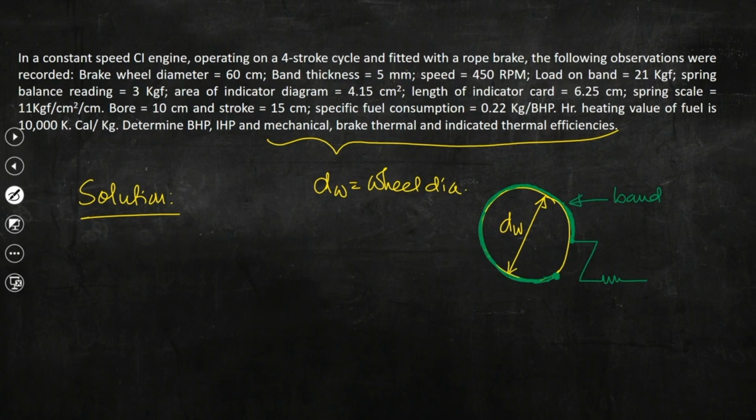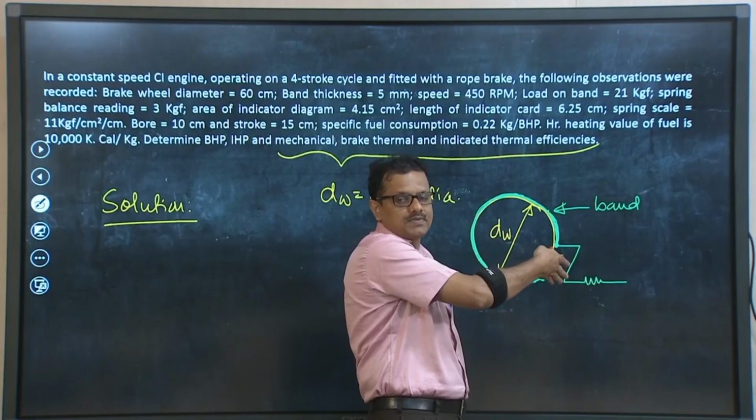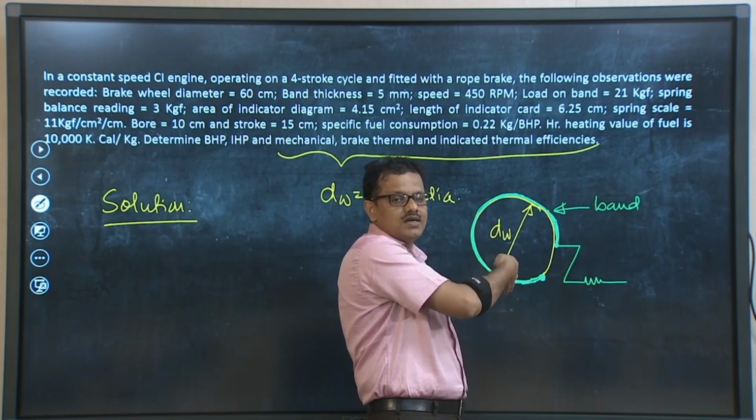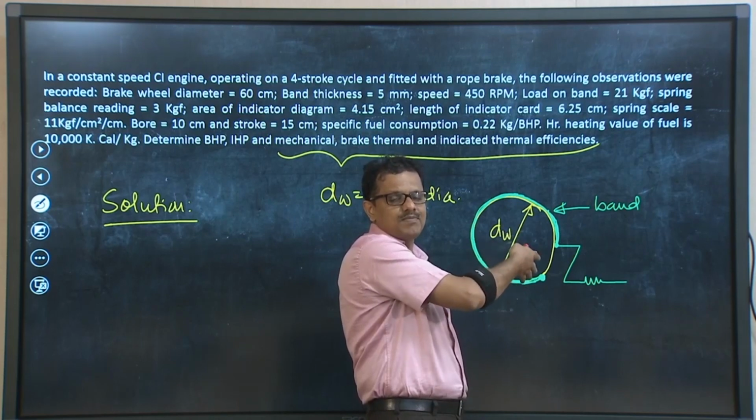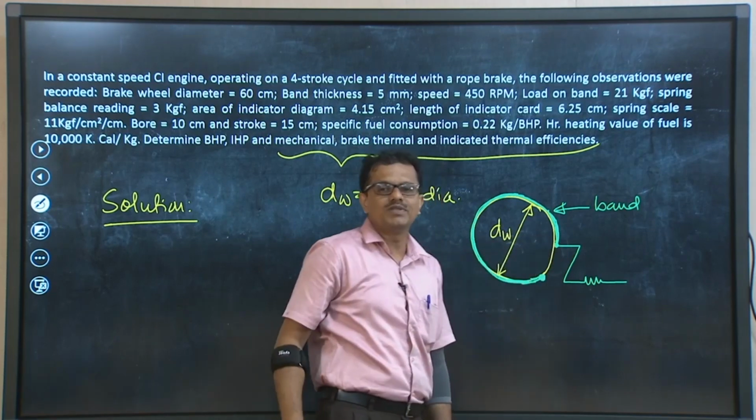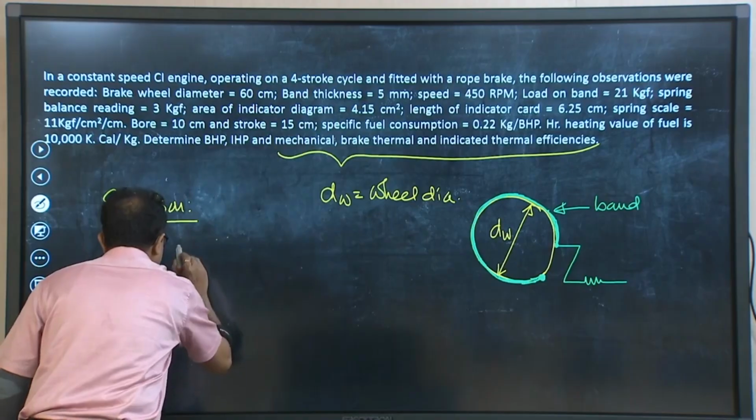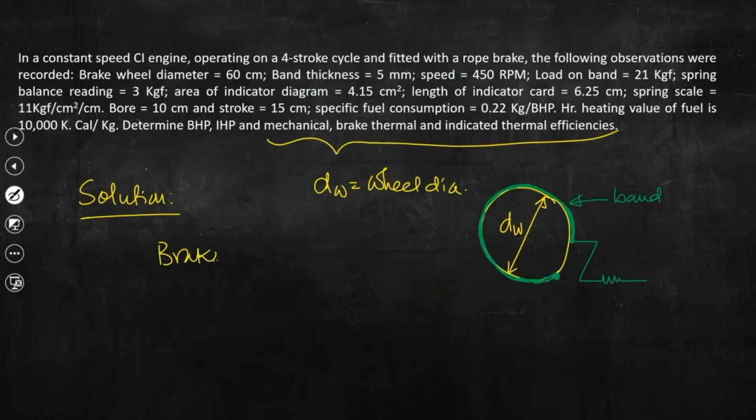That reciprocating motion is converted to rotary motion using the crank and connecting rod mechanism. The wheel is connected to a shaft. If we can measure the work or power available at the shaft using this arrangement, that would be the brake power.